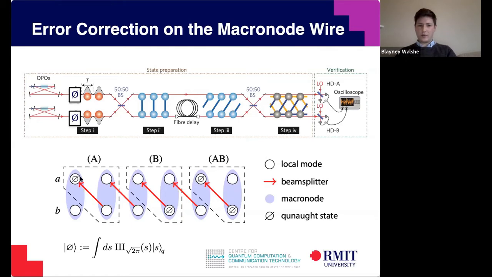And we could do it either with one beam or the other beam, or we could put one on both. And there's just a reminder of what that Q0 state looks like. Its wave function is a shah function with square root of 2 pi spacing. So the question is, doing these things, does that do error correction? And if it does, what does that mean?